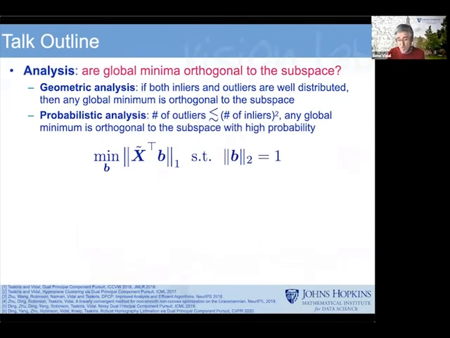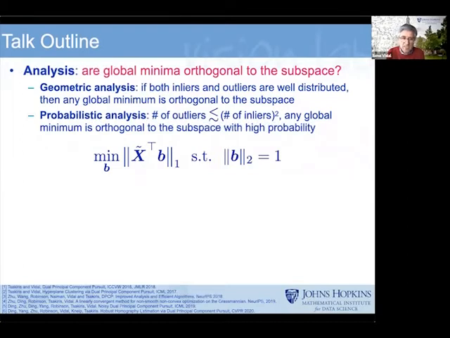The first part is going to be analyzing this optimization problem. In particular, what we would like is for the global minimum to this optimization problem to give you a true normal to the subspace. So the first question we will ask is, what are the conditions under which any global minimum, perhaps it might not be unique, is orthogonal to the true subspace.